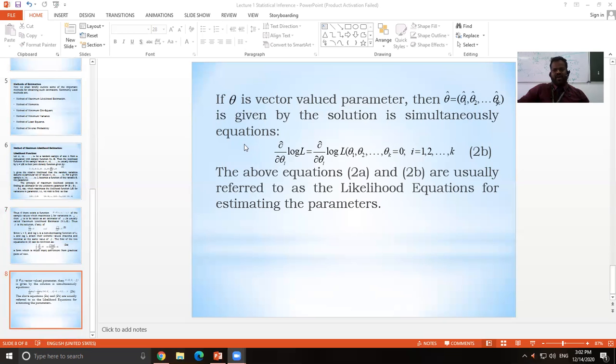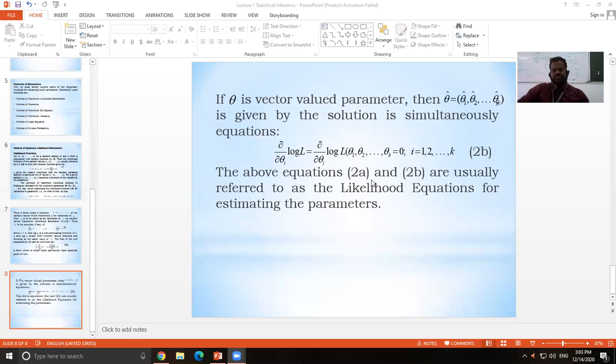That means we have to find the k parameter values: dou divided by dou theta i of log L of theta 1, theta 2, etc., theta k equals 0, with i ranging from 1 to k. That means we have to find the k unknown parameter values with the help of maximum likelihood estimation.